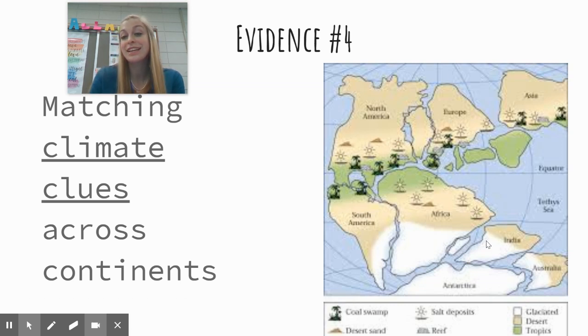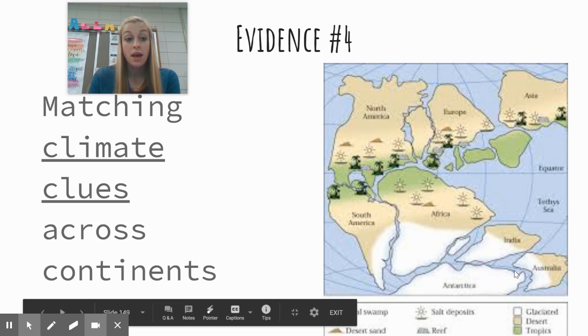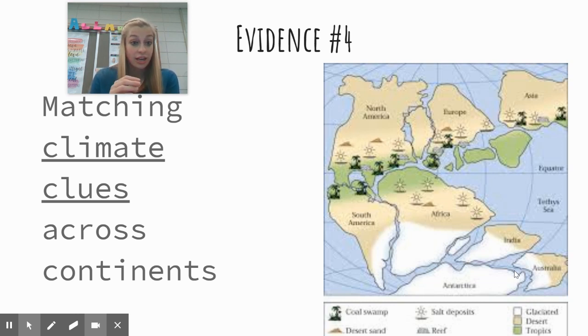There's no glaciers on India or Australia. Nope. But you know from weathering and erosion that if there was a glacier on a continent, it leaves evidence. You can see in the ground, you can see in the rocks where there would be evidence that there once was a glacier. I think that's kind of crazy.